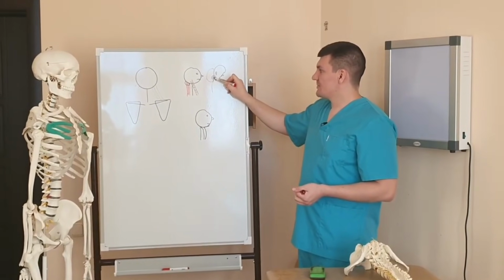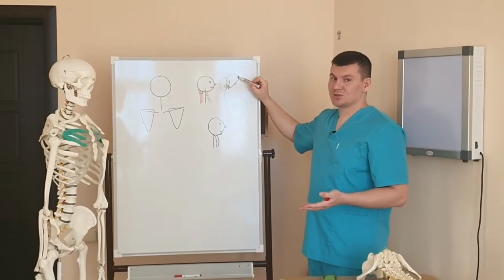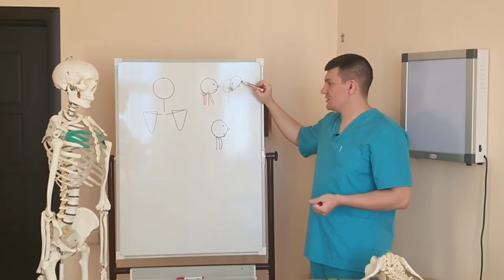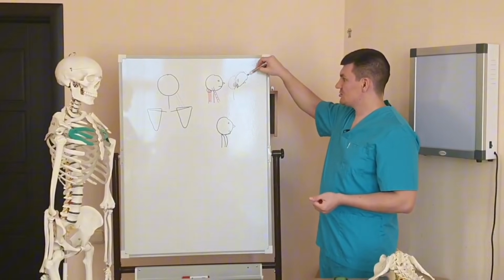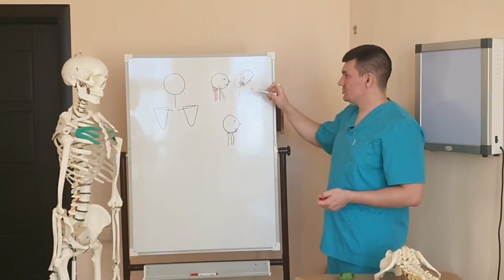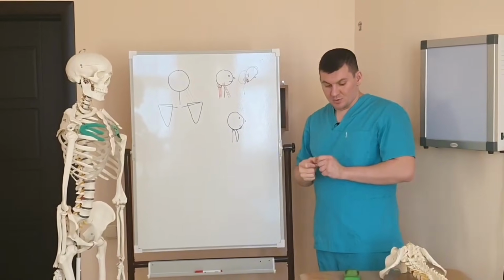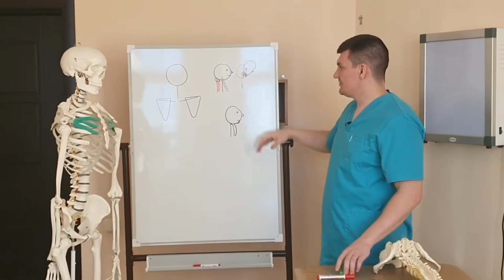That's why tension in this muscle group causes impaired blood outflow from the head, and that's why a bit of venous congestion occurs here. This causes headaches, starting in the back of the head and later spreading anywhere. There. That's one situation, right?